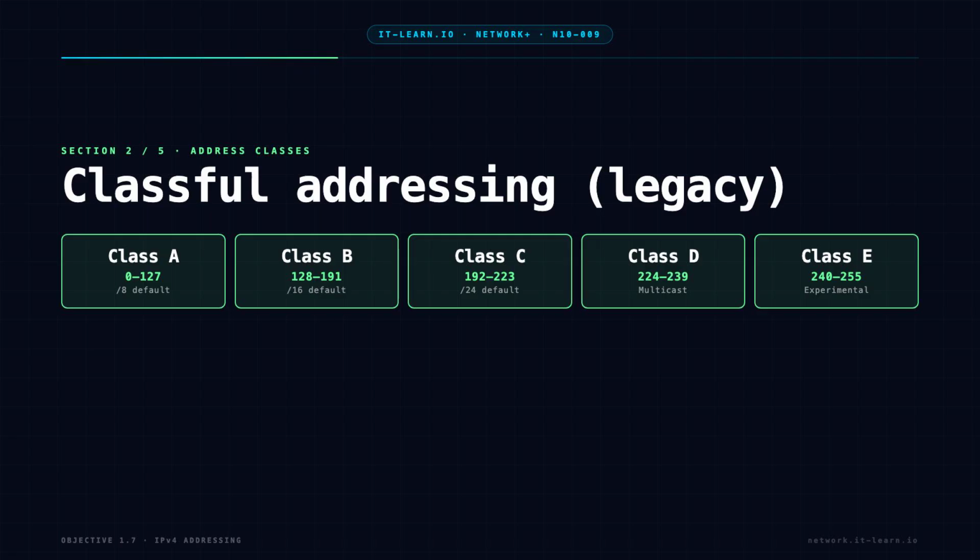Now let us discuss private versus public addresses. Private IP addresses are reserved for use within internal networks and are not routable on the public internet.